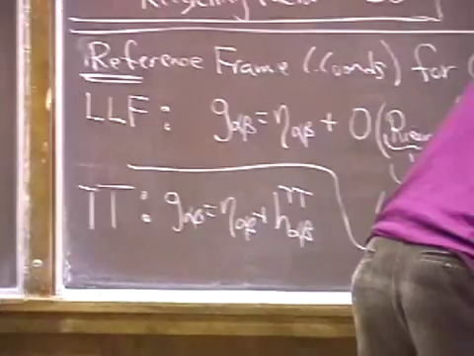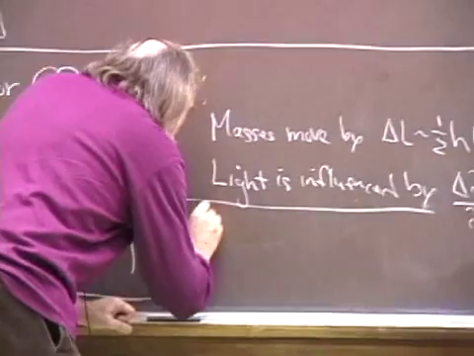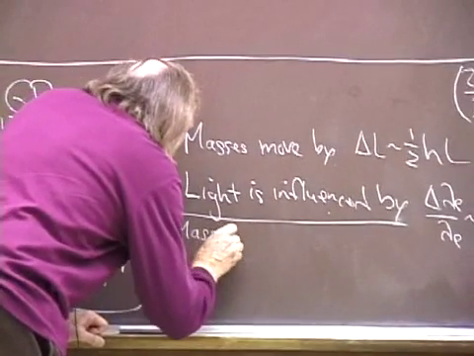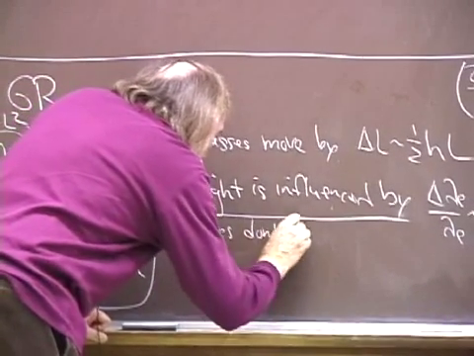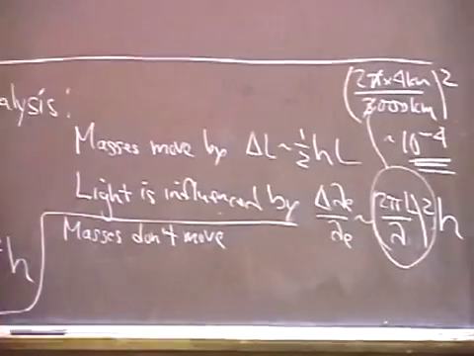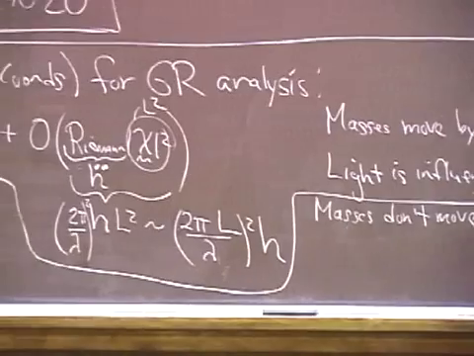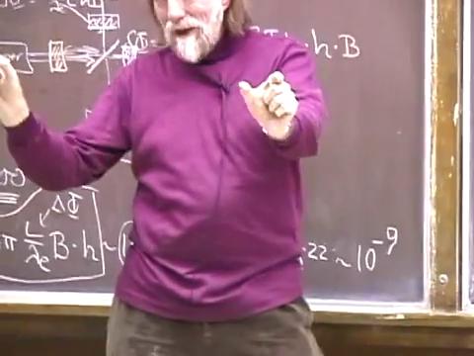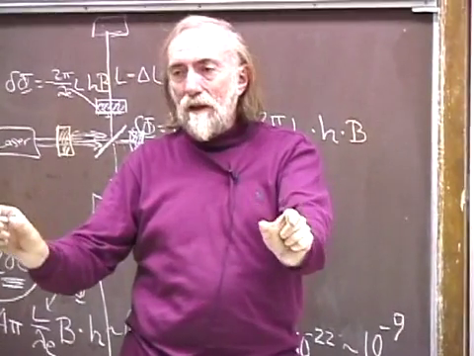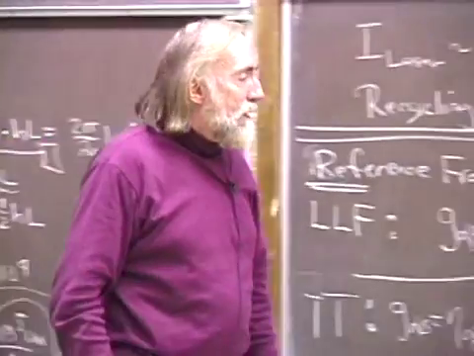And in TT gauge, you may recall you proved on an exercise that the masses don't move. They are unaffected by the gravitational waves. You plunk them down in the coordinate system before the waves arrive. The waves go by and they remain at fixed coordinate location in TT gauge.